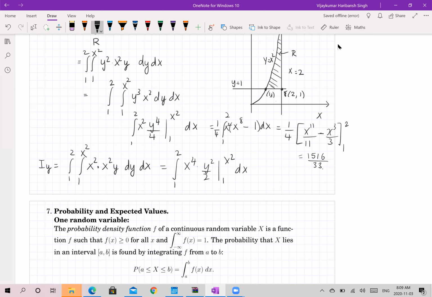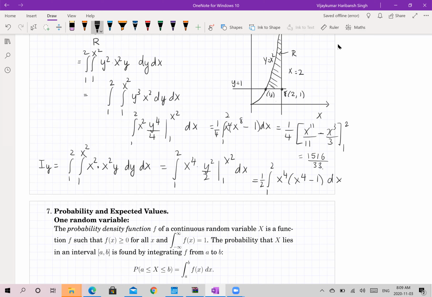That is going to be 1 to 2 of x to the 4 times x to the 4, take 1 by 2 outside, minus 1, dx.